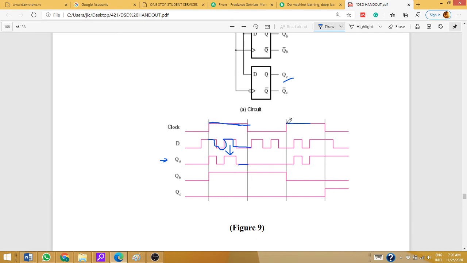Now here the high level is coming again. So we will see what is on D. QA will follow exactly. During the high level of clock, whatever is on D is on QA here.